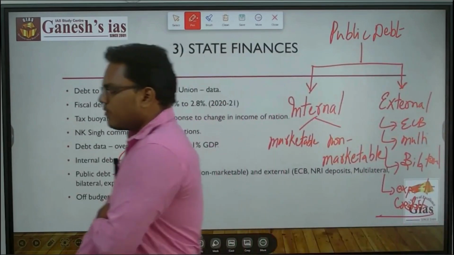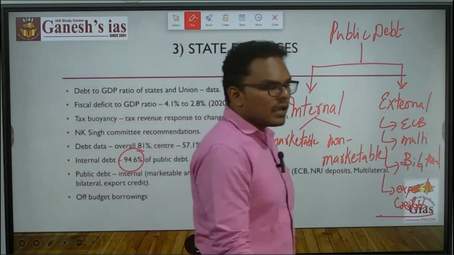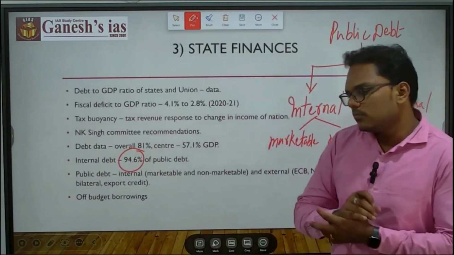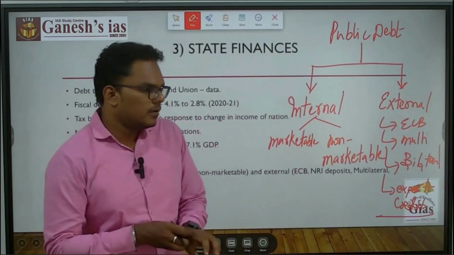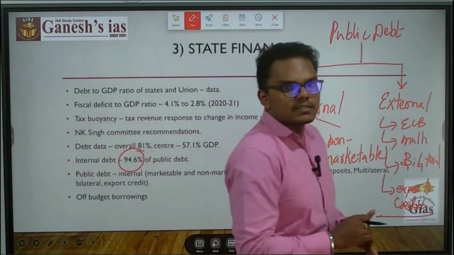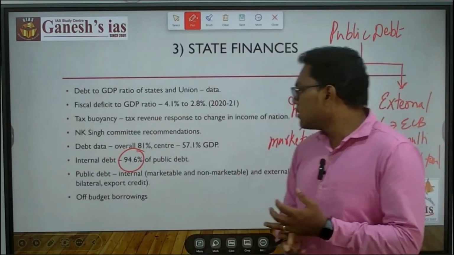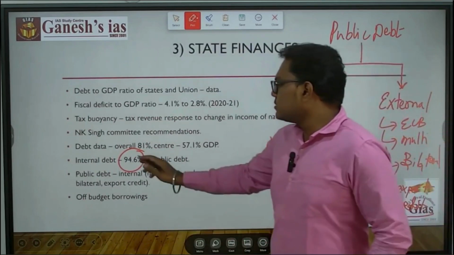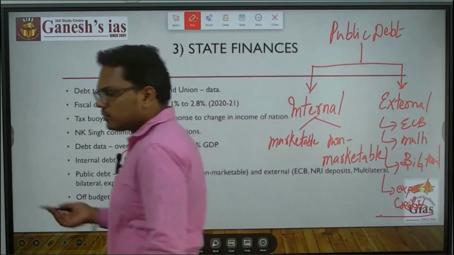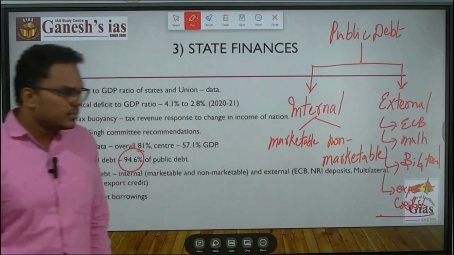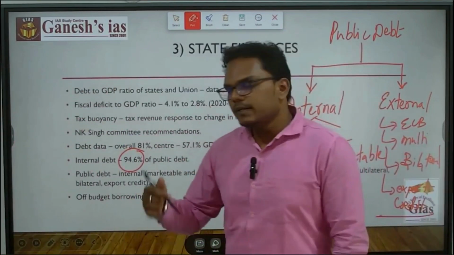But the factual data is that the private sector actually has the maximum component of external debt, whereas your sovereign debt is slightly lesser. So that statement was wrong. This year you can be asked whether your external debt is the major component of public debt in India. No, it's your internal debt that is the major component.